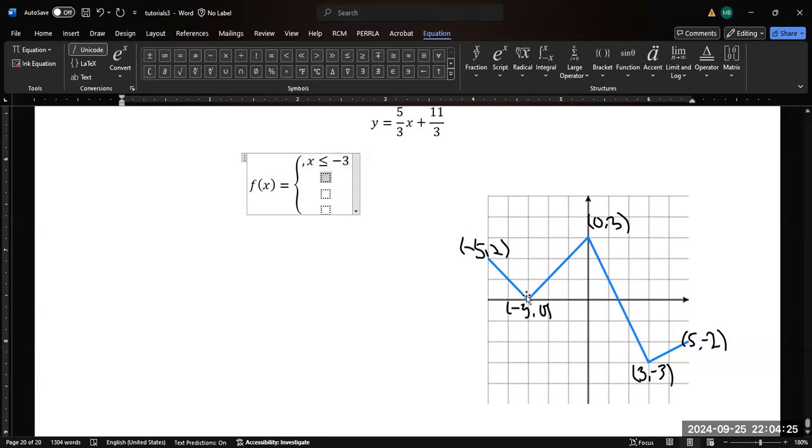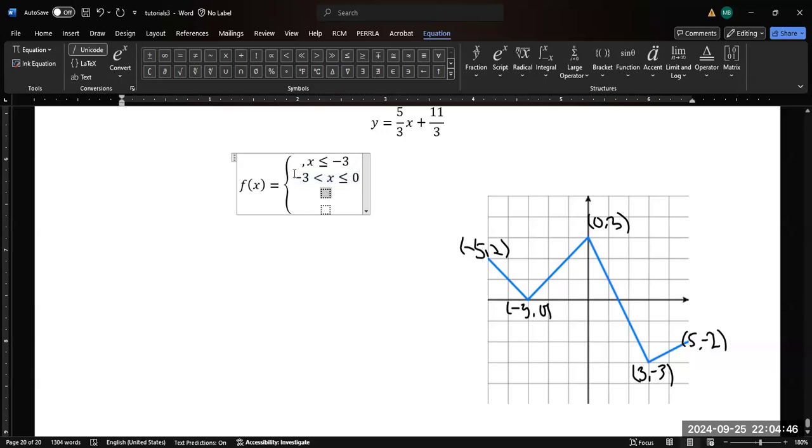Now, for the second section, it's going to go from -3 to 0 in the x direction. And I'm just going to put the equal sign on all the inequalities at the top end of the region.